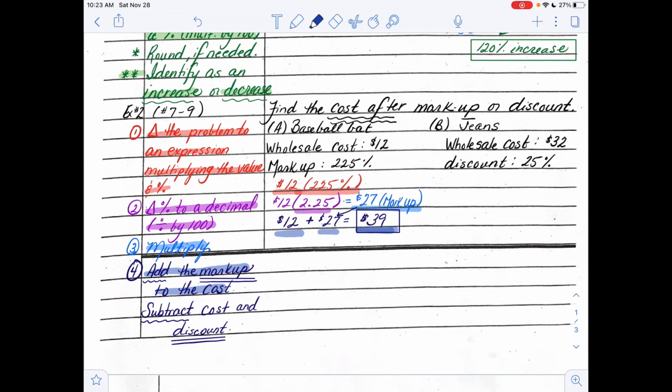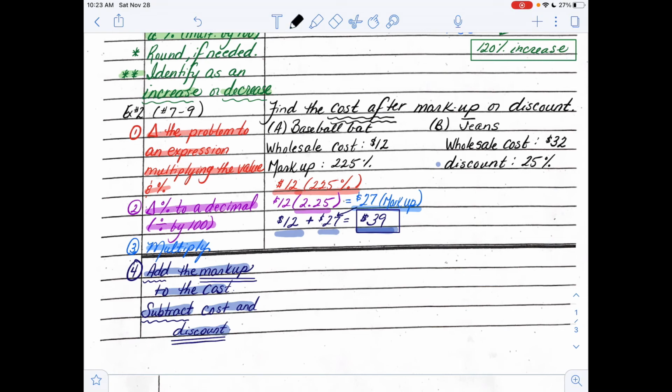Now, if it was a discount, I wouldn't add because they're not adding a discount to it. If it's a discount, you actually subtract the discount from the cost. So let's look at the second problem because this one, you can see right here, is a discount. Same steps though, whether it's a markup or a discount, it starts exactly the same.